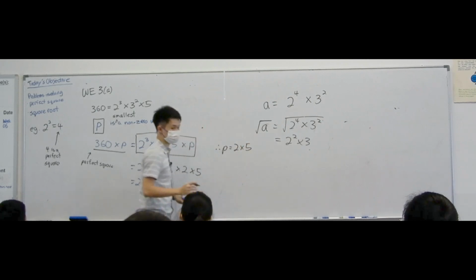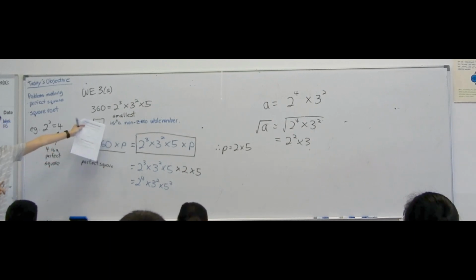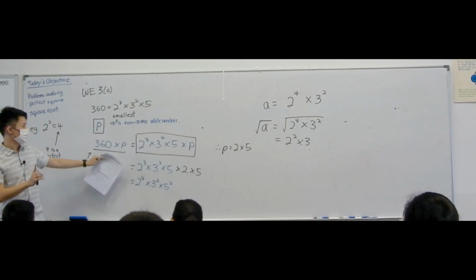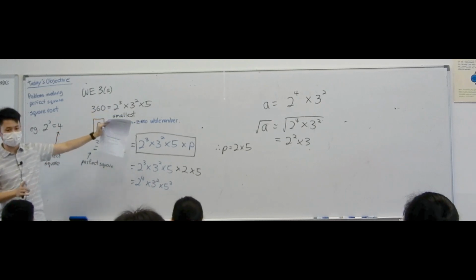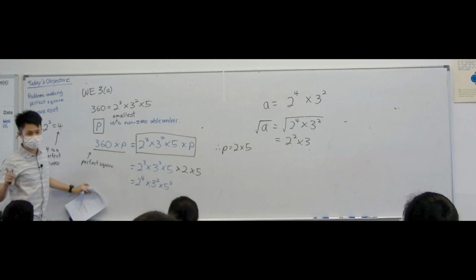Trial and error. Can, right? But the next question, is it the smallest possible? The smallest number it can be to make this a perfect square. That's what the question is asking. Is P the smallest non-zero whole number to make this entire thing a perfect square? You must ask yourself this.